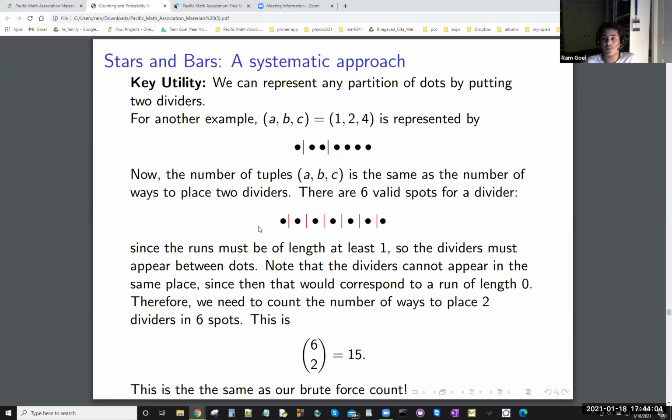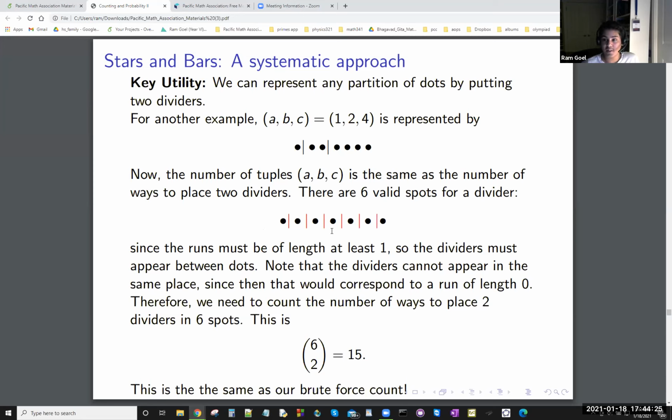It doesn't matter if I put divider 1 and divider 2 in the same spot or switch spots. All that matters is I'm putting them at 2 separate places. Obviously, we can't put the 2 dividers at the same spot because that would correspond to a run of length 0. So the total number of ways is 6 choose 2.